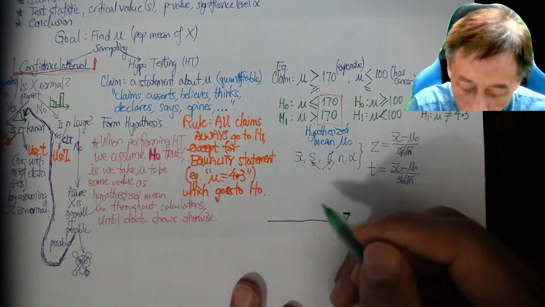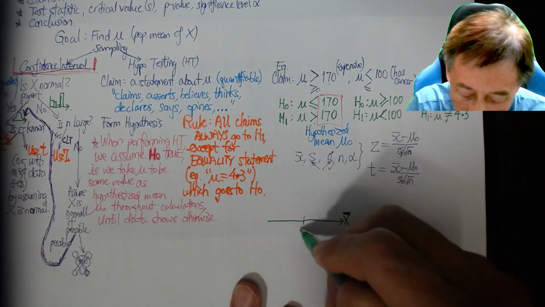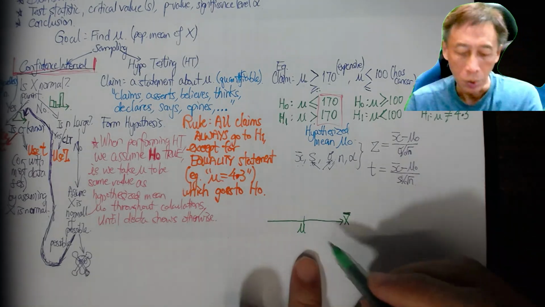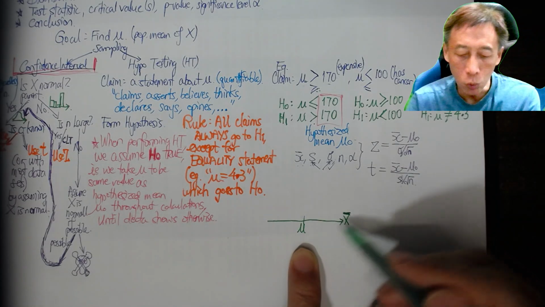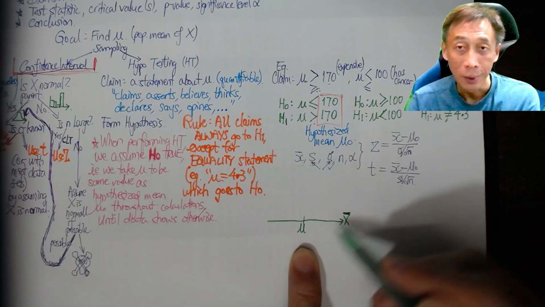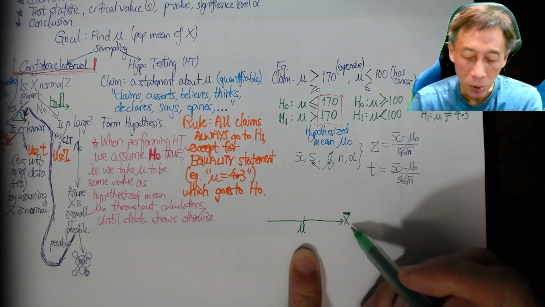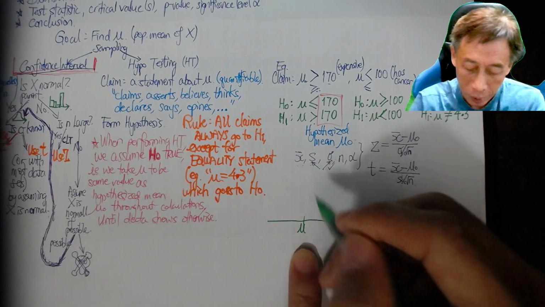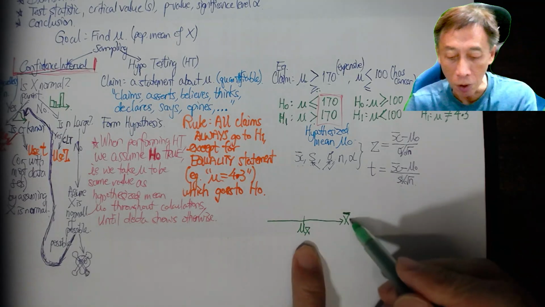So in this case, for our X bar, we will assume mu X bar to be mu 0. First of all, mu X bar is always the population mean of X bar.